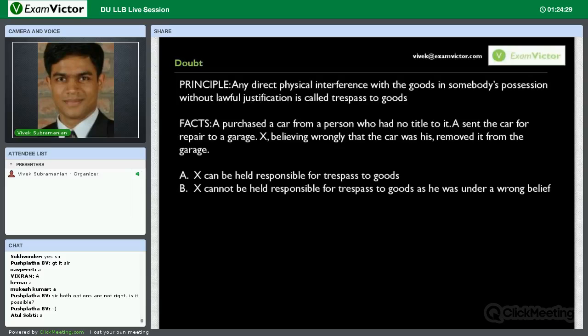Well, there are only two choices here. X can be held responsible, X cannot be held responsible.